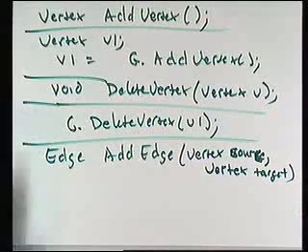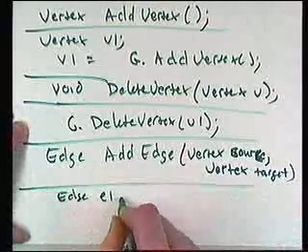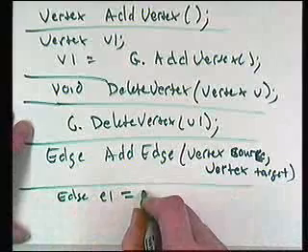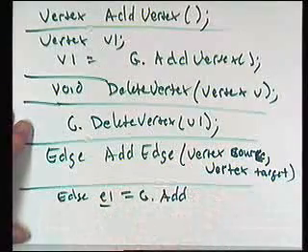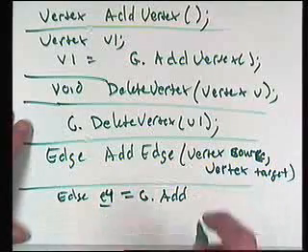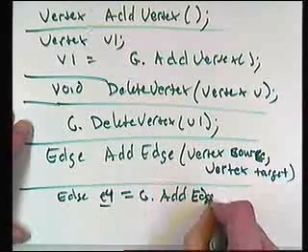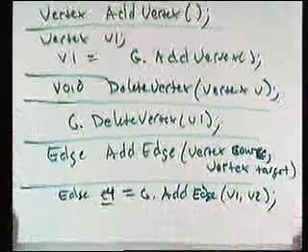And so the way I would use that method would be to say edge E1 equals G dot add edge. Of course, E1 was created already, so let me make this E4, just so I'm not using an edge we used already. So edge E4 equals G dot add edge, and I'd pass in V1 and V2. And that would be the kind of syntax I'd use there.